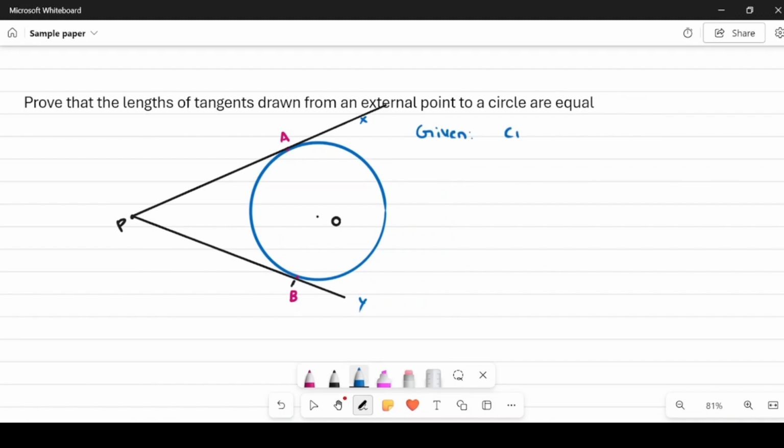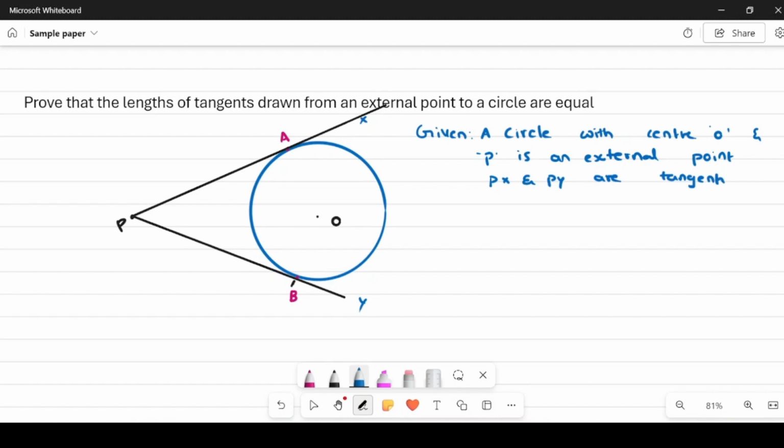We have a circle with center O. Given a circle with center O, and P is an external point, and PX and PY are tangents. Then what we need to prove?